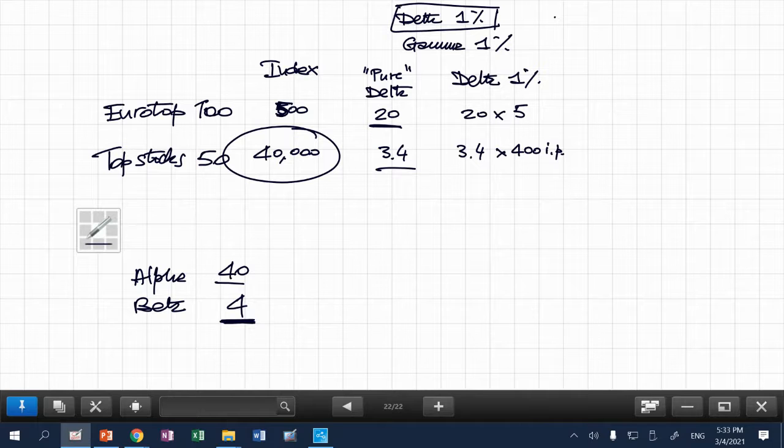Gamma 1%, similarly, is how much my delta would change if I had a 1% change in the underlying. Same story. So for exercises, 95% of the times I would work on pure delta and gamma with options on the bond futures.